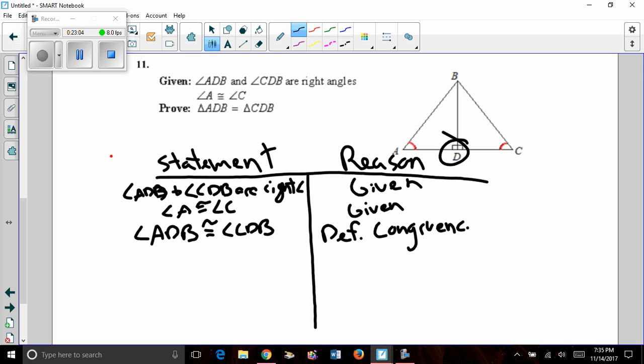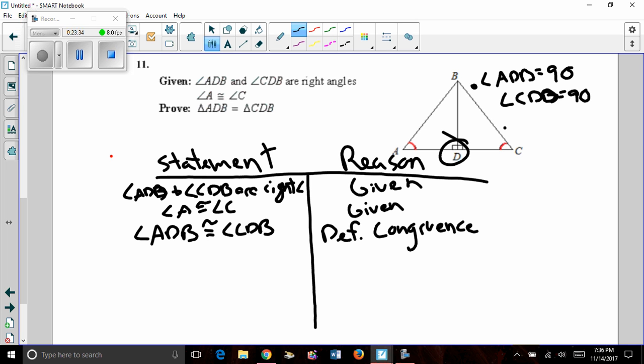What that step looks like, this is a condensed version, is since angle ADB and angle CDB are right angles, I could say that angle ADB equals 90 degrees, angle CDB equals 90 degrees.